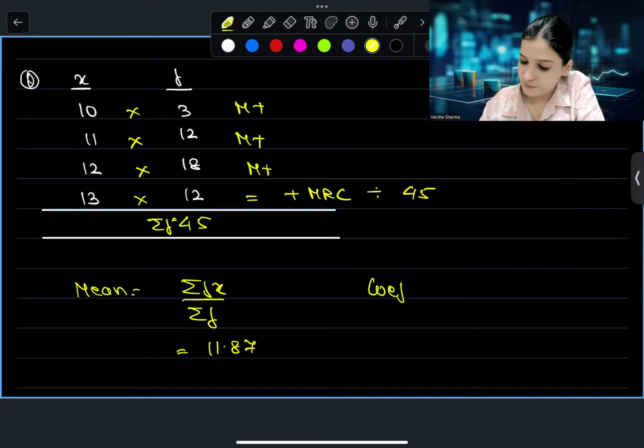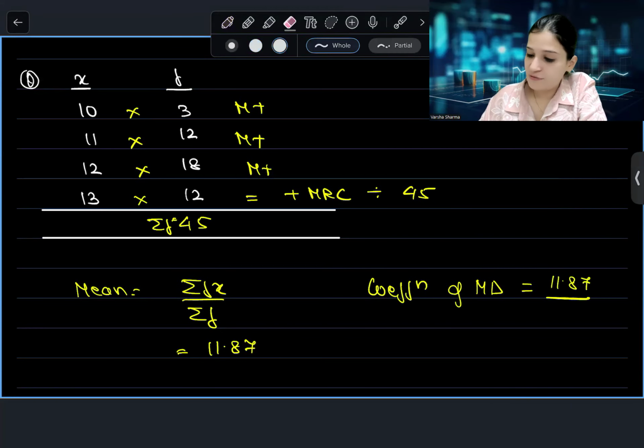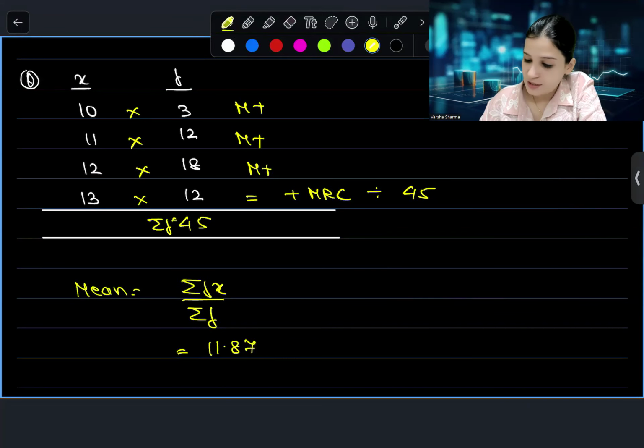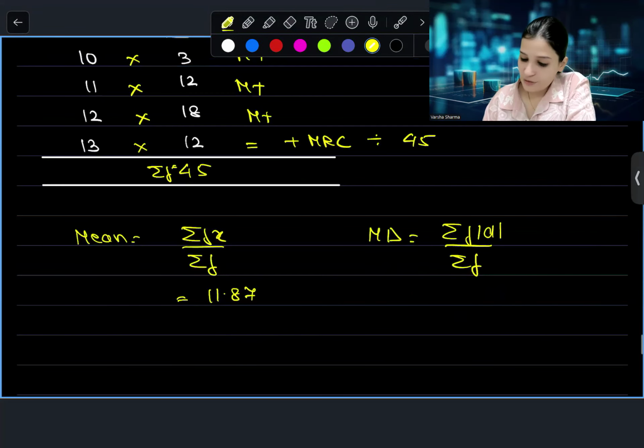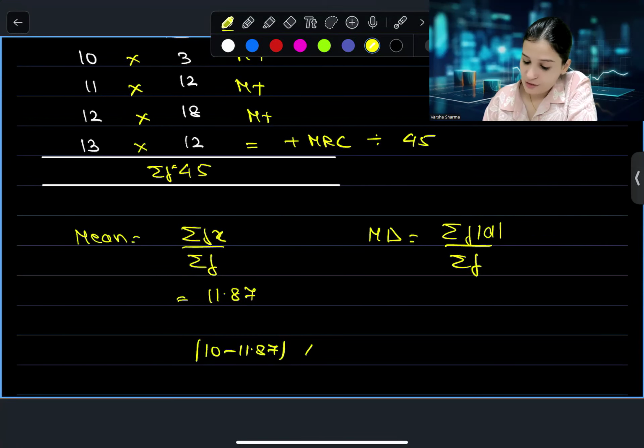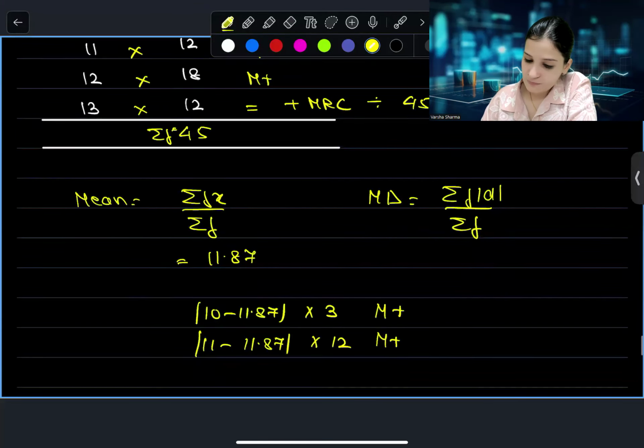Then coefficient, same formula. Mean deviation by mean. Mean deviation is summation fD by summation f. So what we do is 10 minus 11.87, sign change, multiply by 3 M plus 11 minus 11.87, sign change, multiply by 12 M plus.